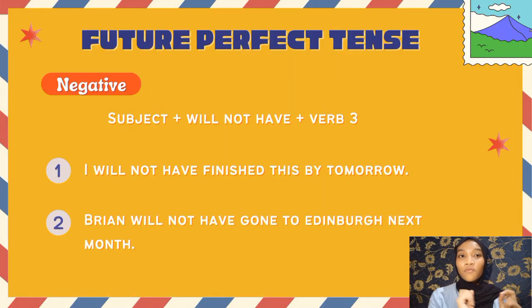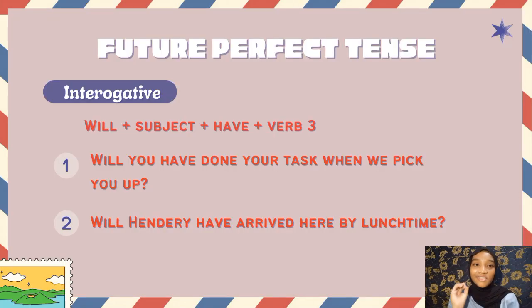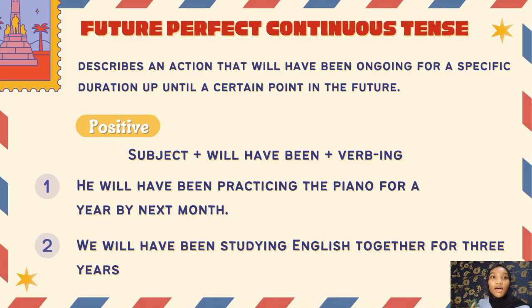For the negative forms, the formula is subject, will, not, have, and verb 3. And for the interrogative forms, the formula is will, subject, have, and verb 3.